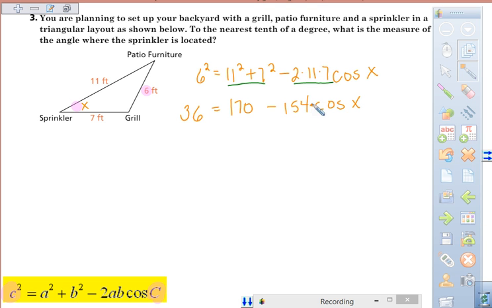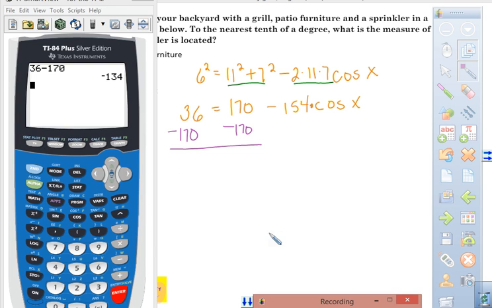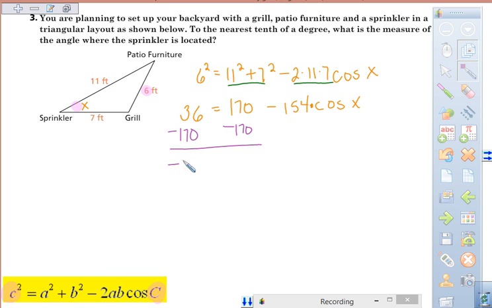These two things are connected by multiplication, so the negative 154 and the cosine of x. So my first plan is to get rid of the 170. So I'm going to subtract it. And you are going to get a negative number. So I'm getting negative 134.